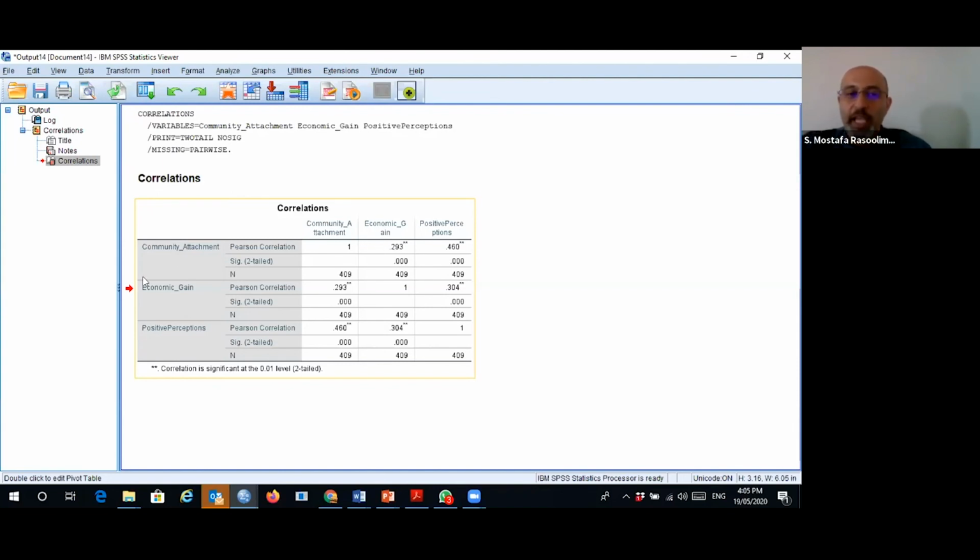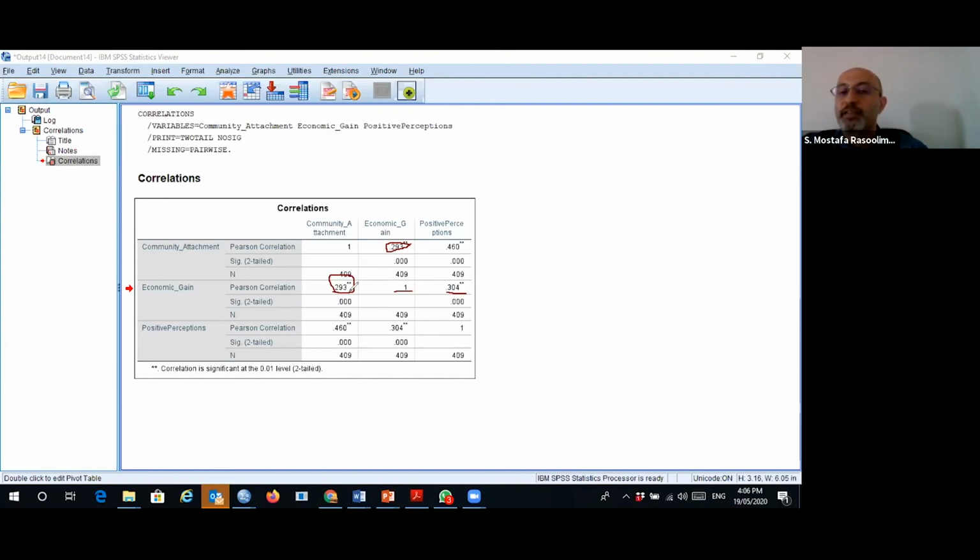So here we have the same value, both are 0.293. Economic gain and economic gain is 1. Economic gain and positive perception is 0.304.